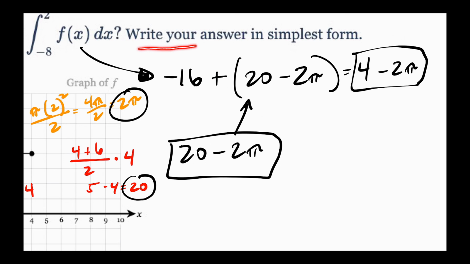If it said write your answer to the nearest hundredth, then do that. But don't do it unless it asks you to. Okay? Because like I said, 99 times out of 100, they're going to have you leave it as a pi. They won't have you change it back to a decimal.